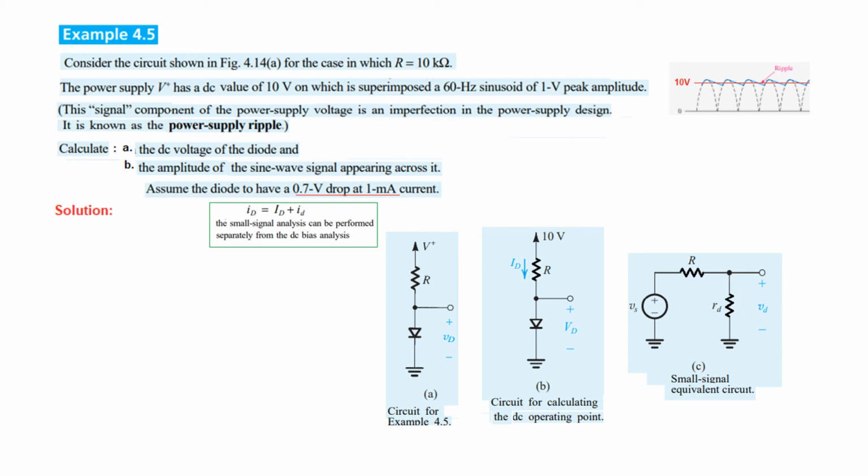Now look here, the voltage here is AC plus DC, this voltage here is purely DC, and the ripple source we are representing separately as Vs with this resistance, and then the diode resistance RD. So this is the small signal equivalent circuit.